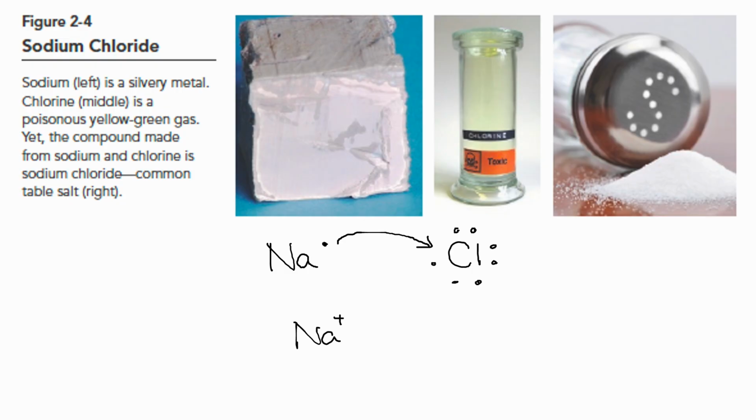The sodium becomes a positive one, and the chlorine is going to add that electron, and remember, electrons are negative, so it becomes negative one. The plus and the minus get added together, and we form sodium chloride, which in this case is also our table salt. So again, you can see how the properties are very different from what we start with to what we end with.